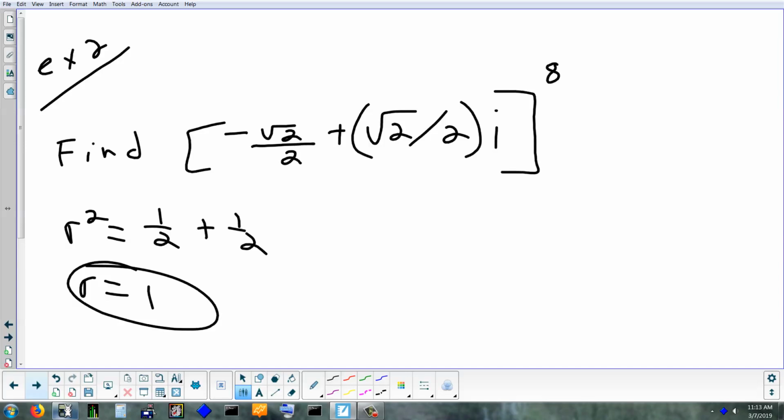So if I was doing this, I wouldn't even bother with inverse tangent and all that stuff. I would just figure out what quadrant I'm in and then figure out what the 45 is in that quadrant. Left, up. I'm in quadrant 2. What's the 45-degree angle that's in quadrant 2? 135.